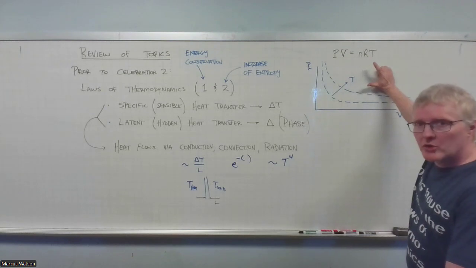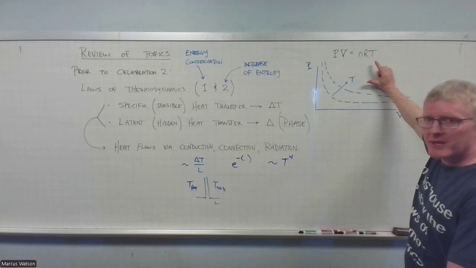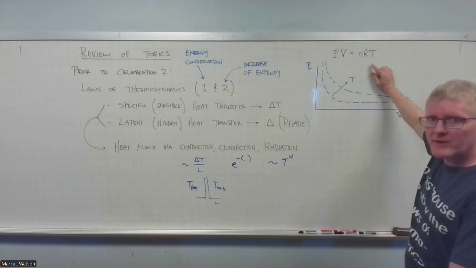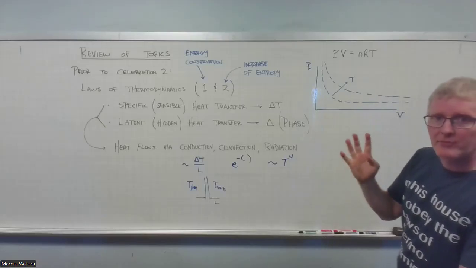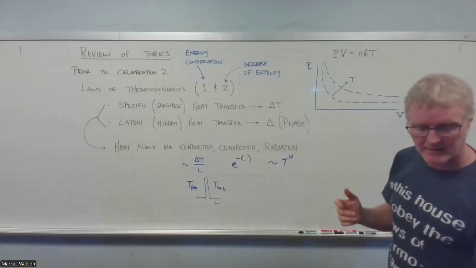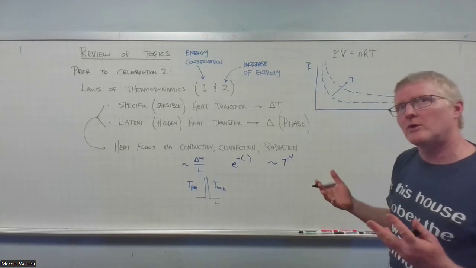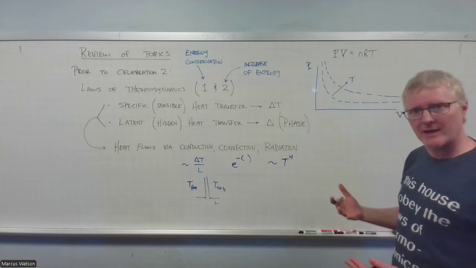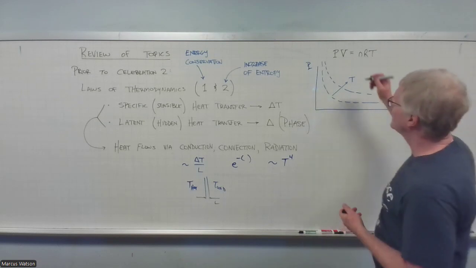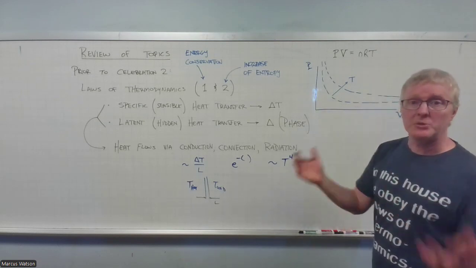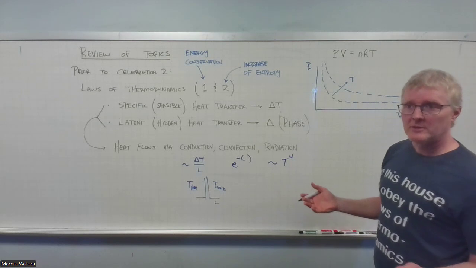So in looking at how an ideal gas transitions from one point on this PV diagram to another, we came up with 4 processes by which we could do that. They were all designed with something in mind. We had one in which there was no heat transferred at all.